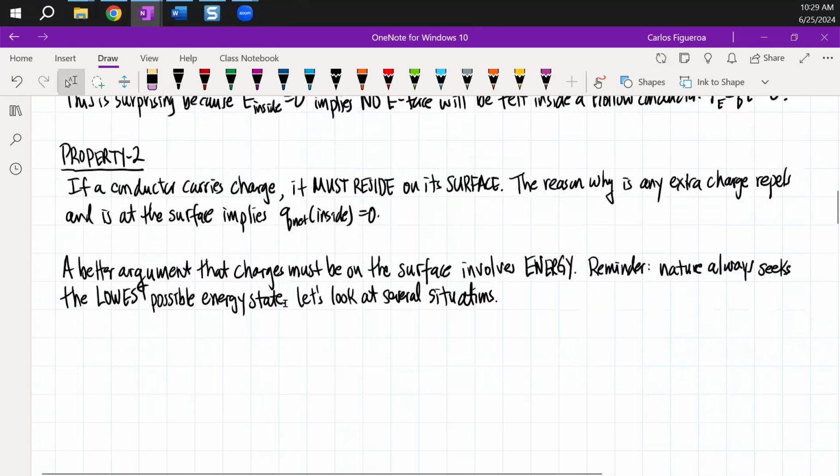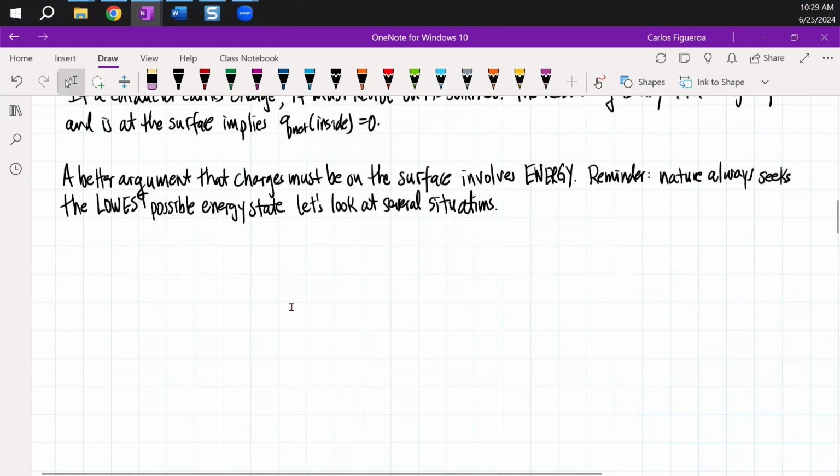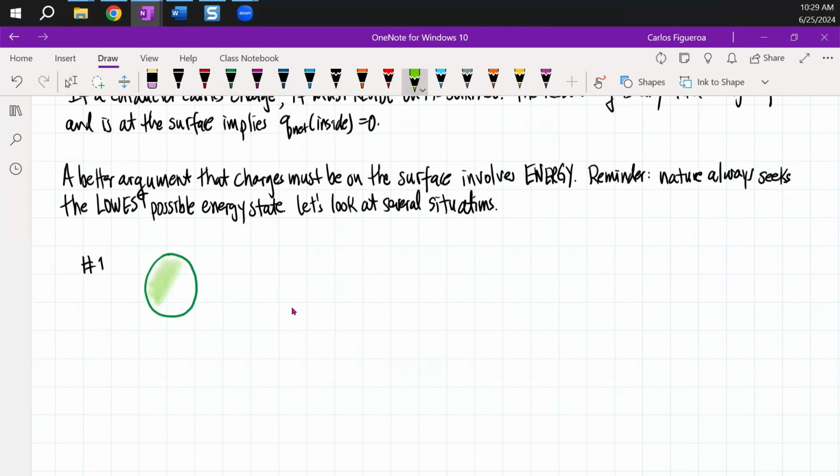Now, the first one here is that I'm going to call number 1. What I'm going to do is have a sphere. And this sphere right here is going to be a neutral sphere.